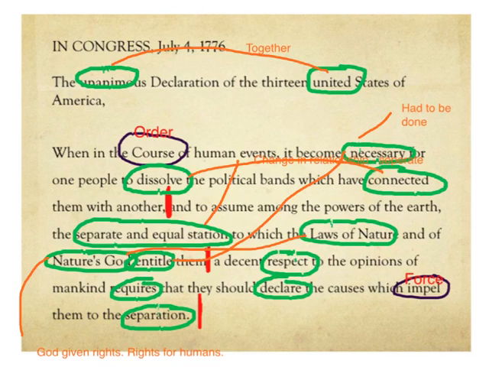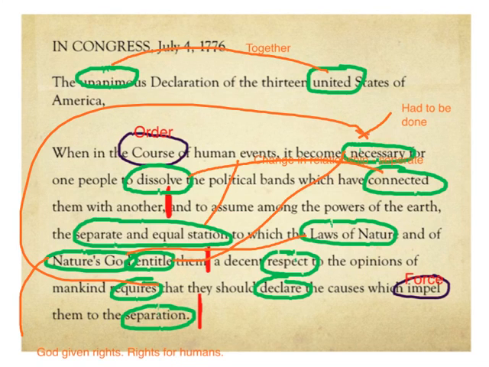A decent respect to the opinions of mankind requires that they should declare the causes which impel or force them to the separation. Right away, I see requires, and I think that I can connect that, going the long way around, to this necessary. They were required to do it. It was something that had to be done.